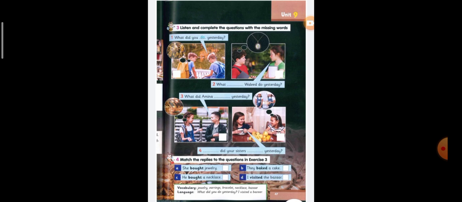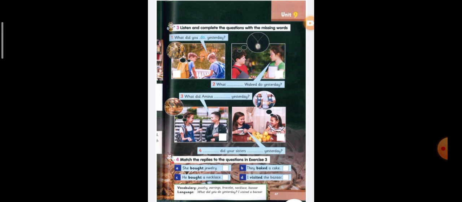We have the keyword yesterday, so it's past simple, and in past simple the helping verb is did. Number 3, what did Amira do yesterday? Number 4, who can tell me this question? Excellent. What did your sisters do yesterday?